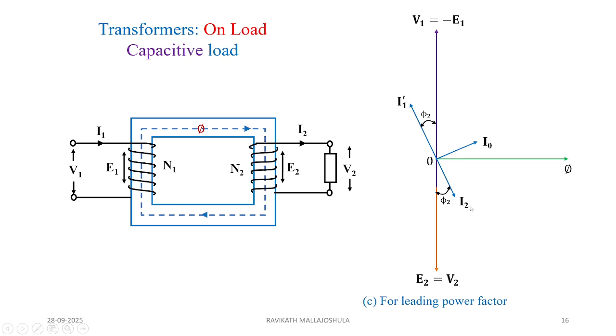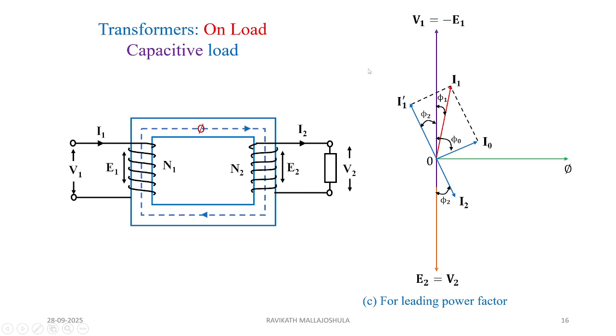Now to counter I2 we have I1 dash, right? Now when you take the vector notation of the resultant of I1 dash and I0, we get I1 in this direction. And again the angles which are framed, that is phi naught is between I0 and V1, and phi 1 is between I1 and V1.